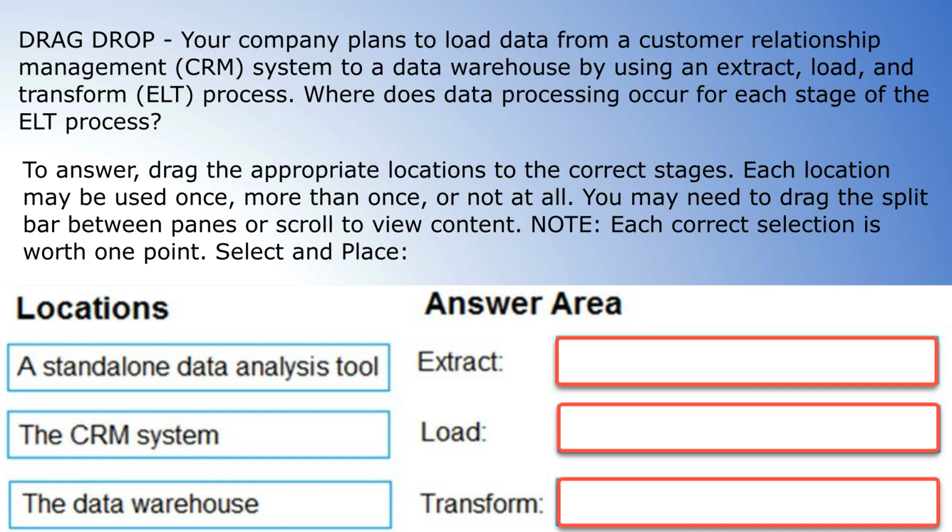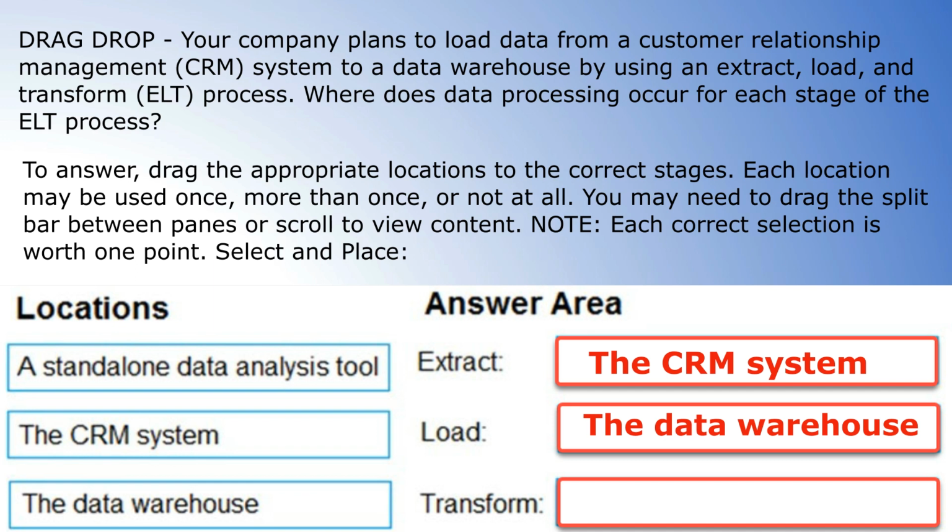Answer: in the extract stage of the ELT process, data is collected from a source. In this scenario, data is collected from the CRM system. So, the correct location for the extract stage is the CRM system. In the load stage of the ELT process, data is loaded into a data storage. So, the correct location for the load stage is the data warehouse.